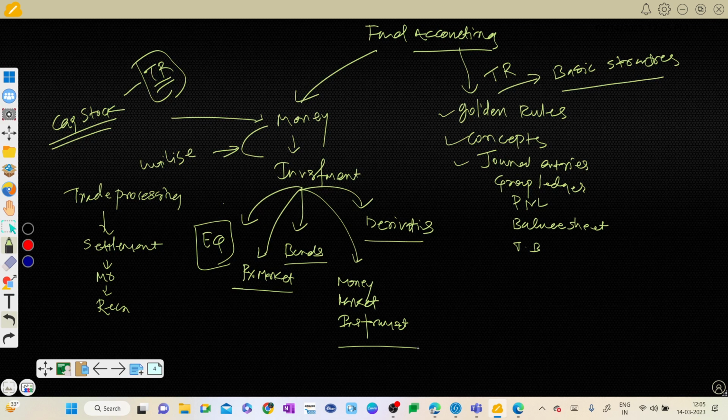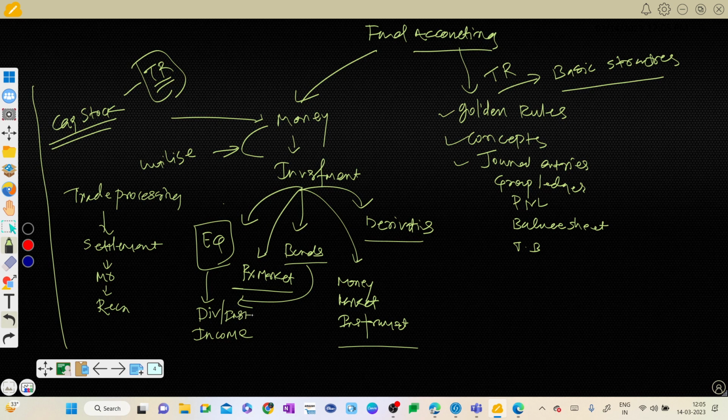So there would be two challenges. One challenge would be from the processing side. So you might see multiple activities: trade processing, cap stock. When we say equity, then you might see a dividend income process also, or the same for bonds, right? So you might see where a bond pays an interest payment.